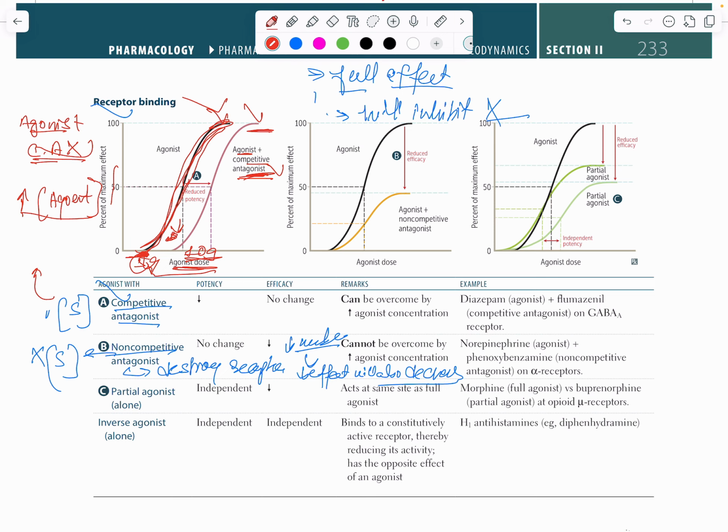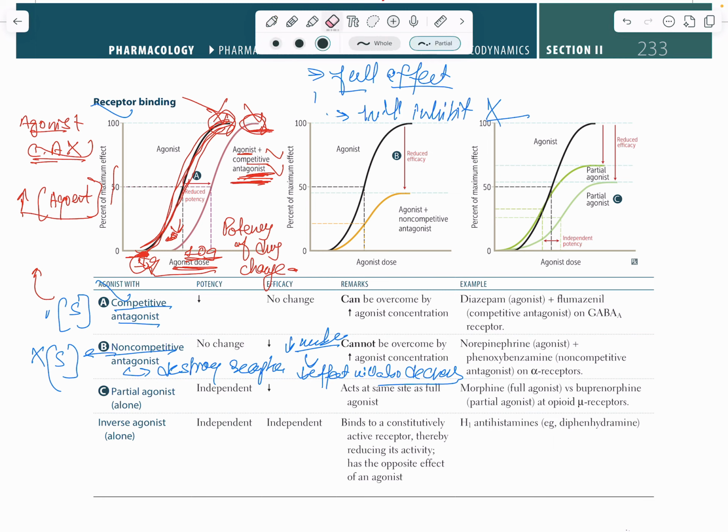So after giving the competitive antagonist, the potency of the drug will be changed. But competitive antagonists do not change the efficacy. Efficacy is the maximum effect a drug can produce.